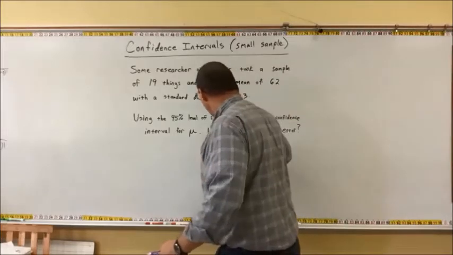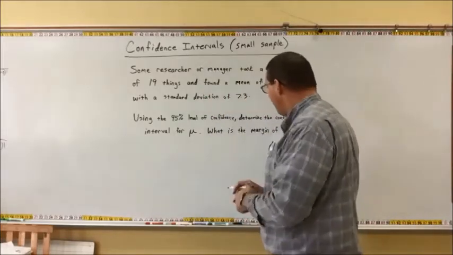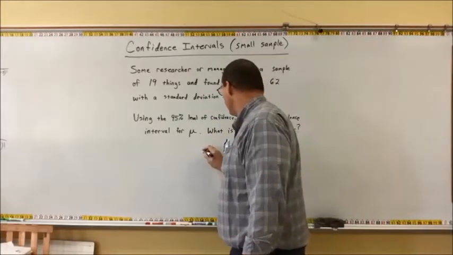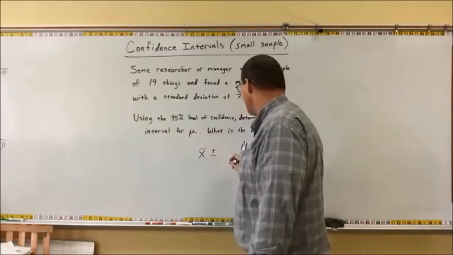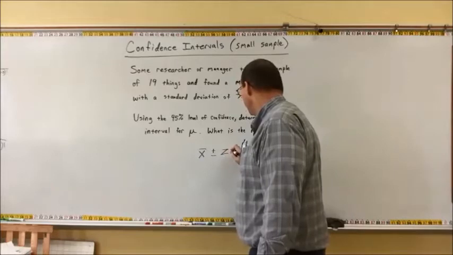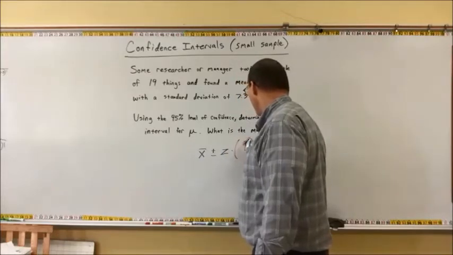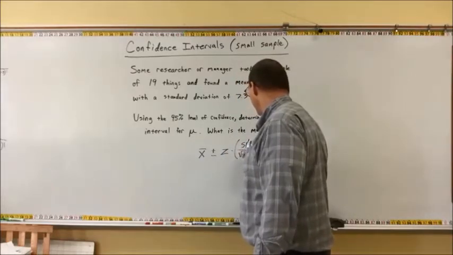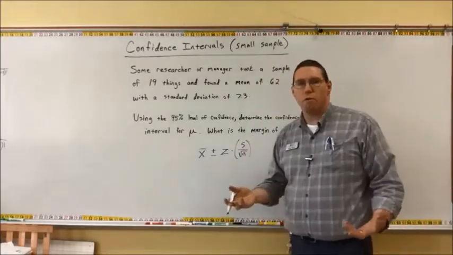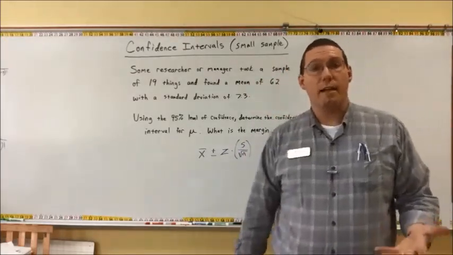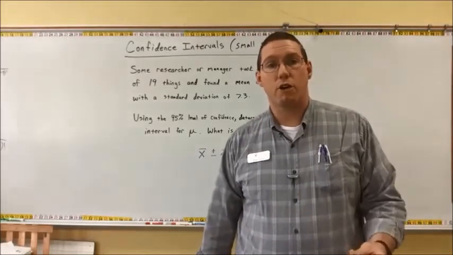Now, what you learned how to do the other day was you could identify a confidence interval using the formula x bar plus or minus z times s over the square root of n. And remember, s over the square root of n, standard deviation over the square root of the sample size, that is the calculation for the standard error.